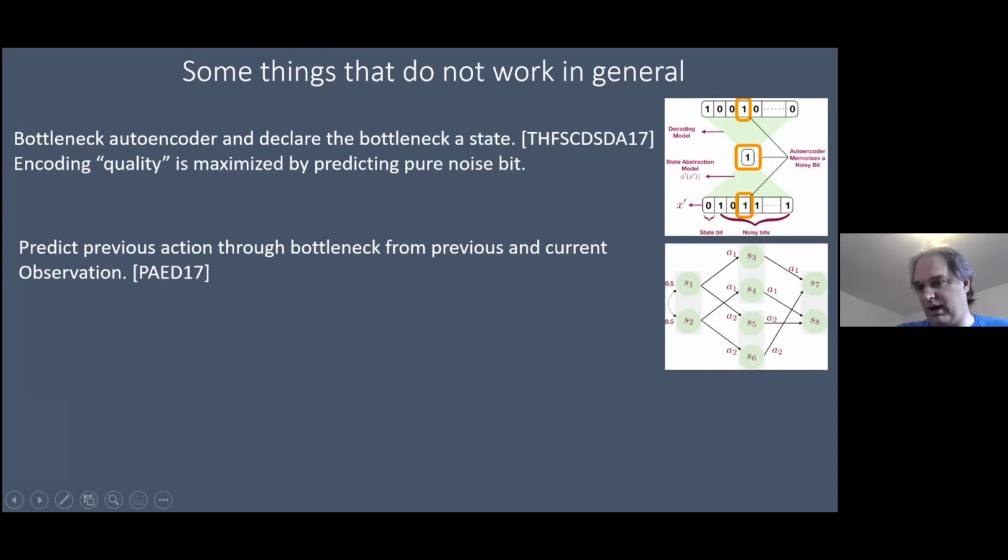S1 followed by A1 leading to S4 is acausal because the label is 0. So the S1, A1, S4 is only associated with label 0, while S1, A1, S3 is associated with label 1.